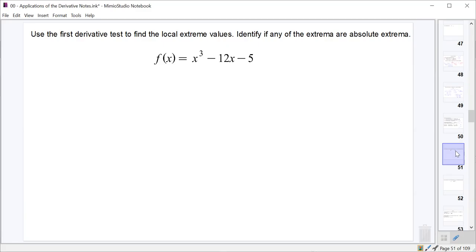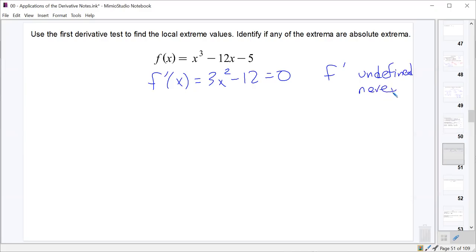So the first step will be to find f prime of x, which is 3x squared minus 12. We'll set that equal to 0, and we'll see when it's undefined. And obviously, it's not ever undefined.